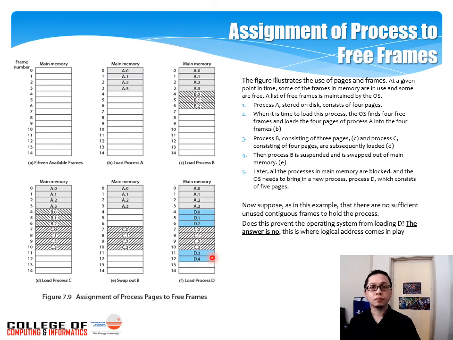So which page goes to which frame? This is where the paging implementation must be done, which is the collection of those page numbers mapped to the correct frame numbers.